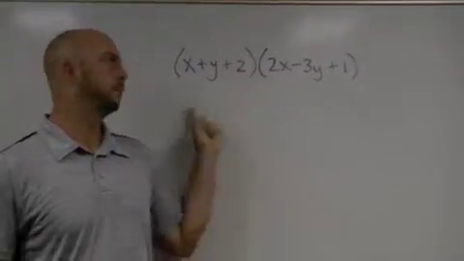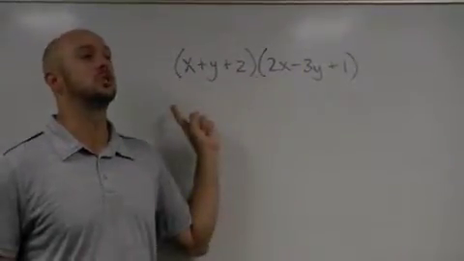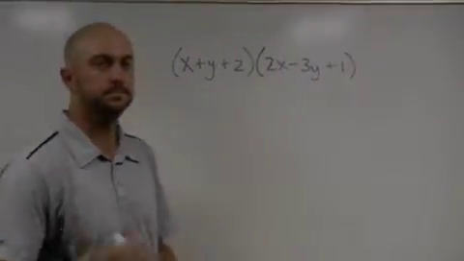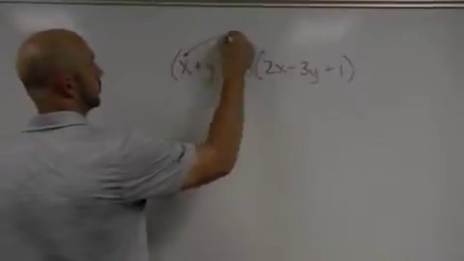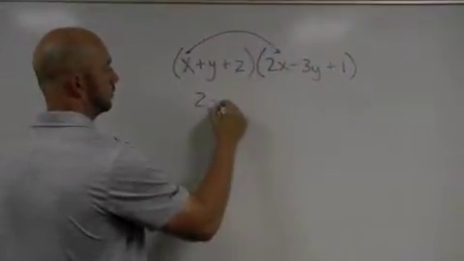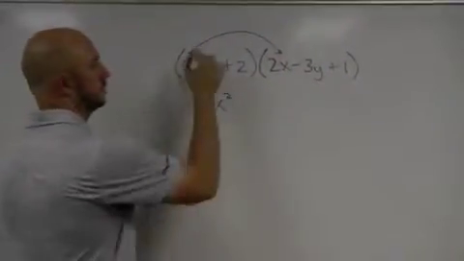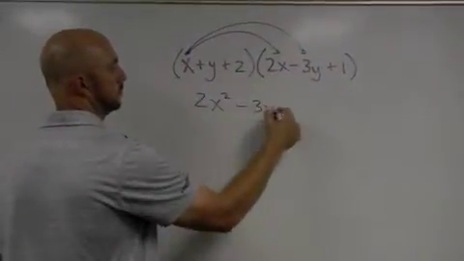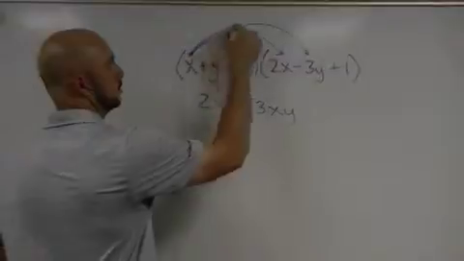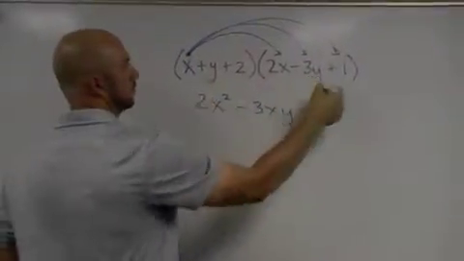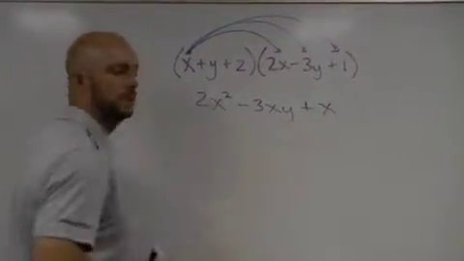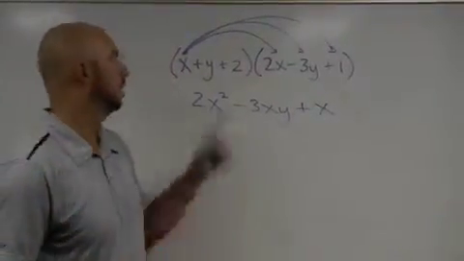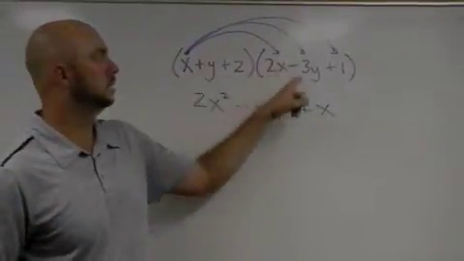Let's see if we can't FOIL this together or use the distributive property to find out where this came from. Now I'm going to stop right here. I'm going to take out another color to illustrate something. X multiplied to each of the three pieces.